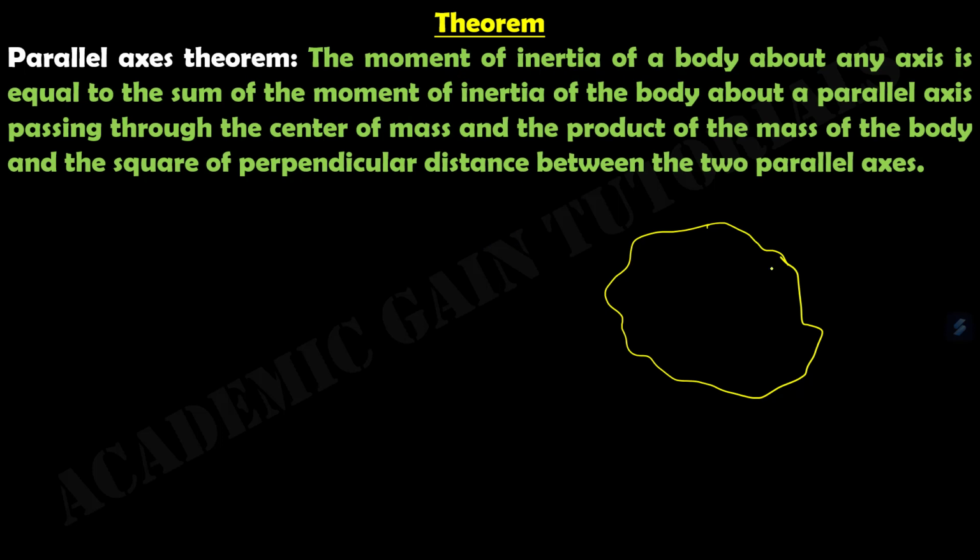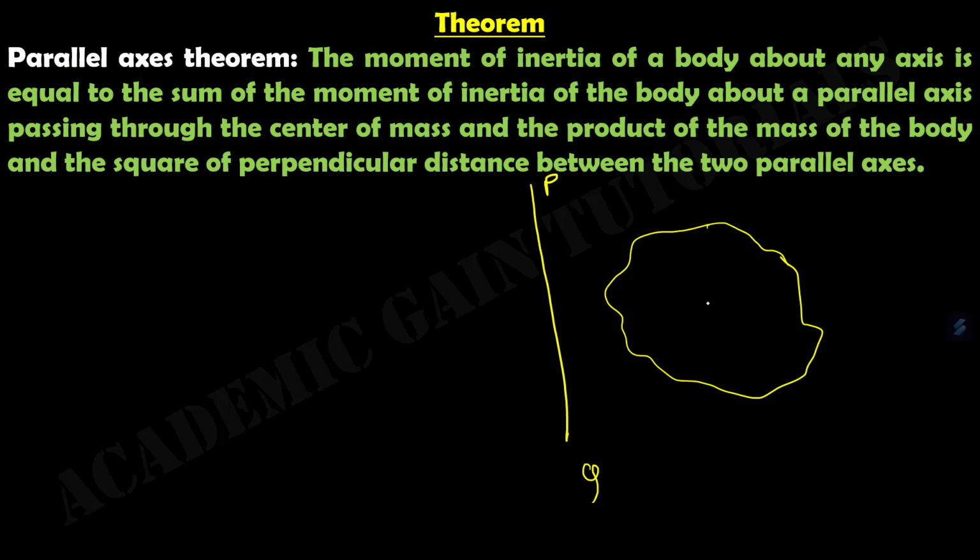So we have to find this moment of inertia about an axis, this PQ, this P and Q. We can find the moment of inertia of the body about a parallel axis, so the moment of inertia about this PQ axis in terms of a parallel axis passing through the center of mass.